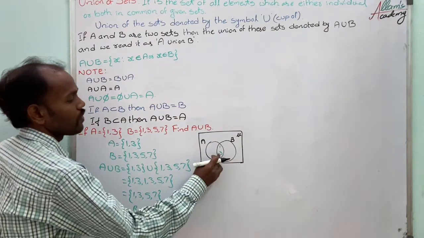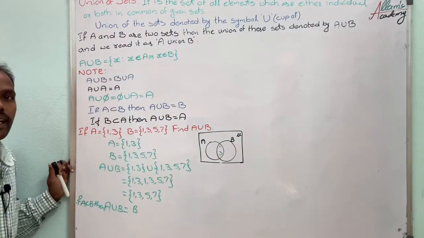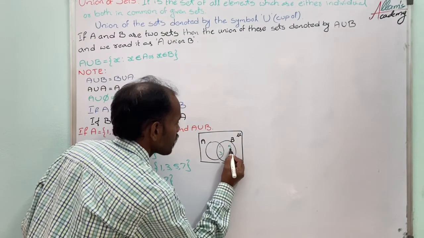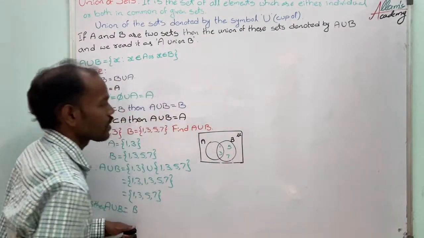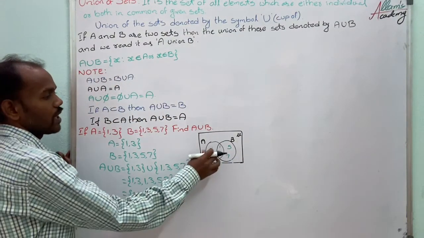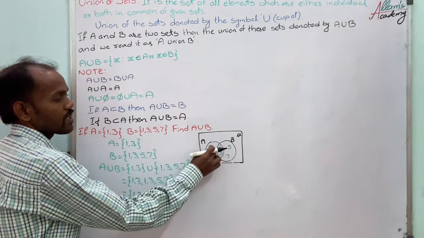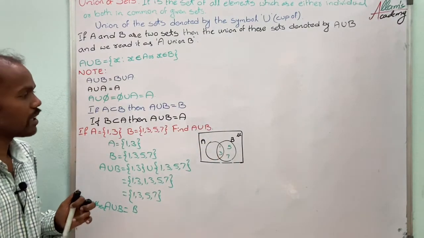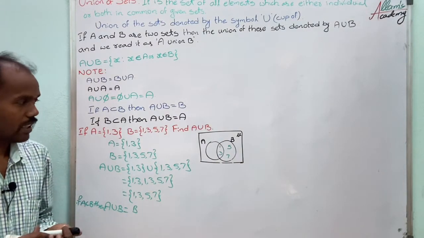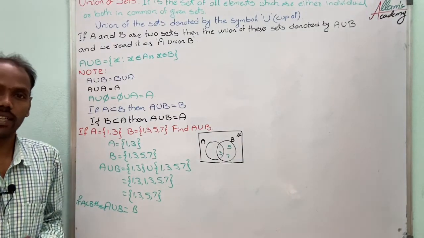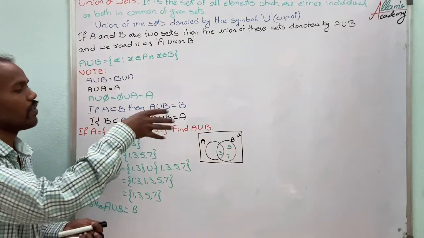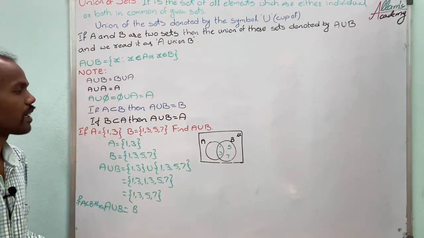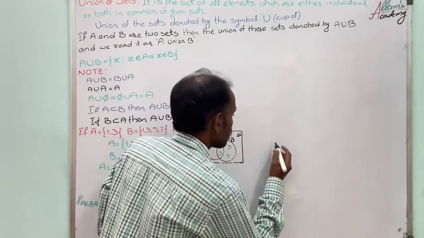So 1, 3 we have already written here, so the remaining elements are 5, 7. So here we observed the first set has no extra element. We will show this Venn diagram in this model also.